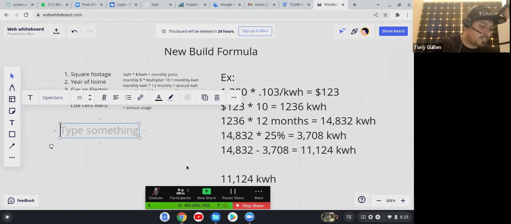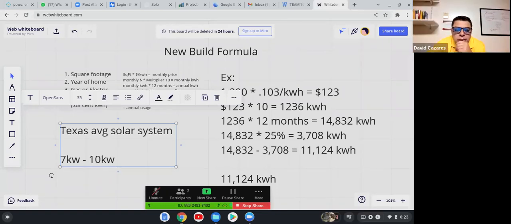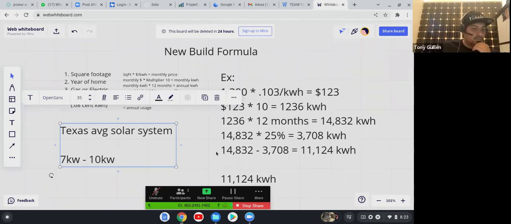What we know in Texas is that the average solar system is anywhere from 7 kW to 10 kW. So whenever we're sizing the system, I know this is my average, and I look at the kilowatt hours.